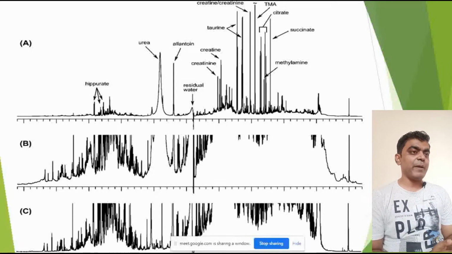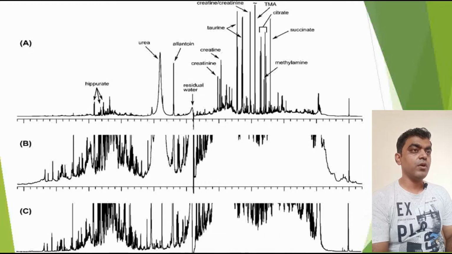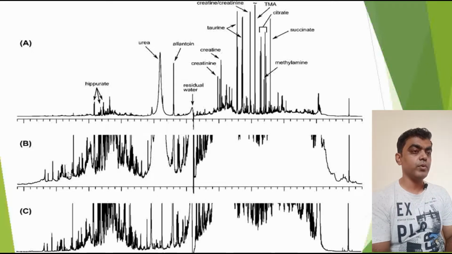This is the spectrum in the 1D platform, a 1D proton NMR. If you see the spectrum, it has lots of peaks. Some peaks are resolved, some may not be resolved because there may be overlaps. If you zoom in, there are a lot of peaks lying shoulder to shoulder.